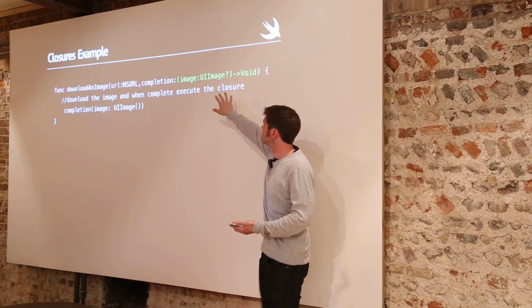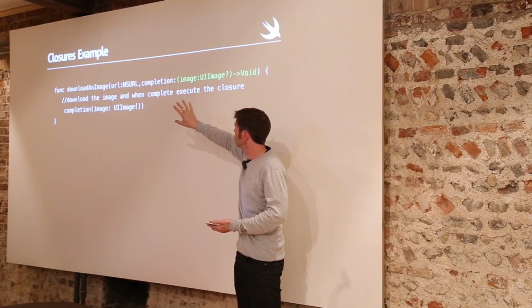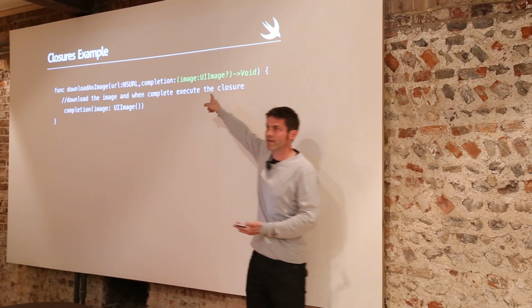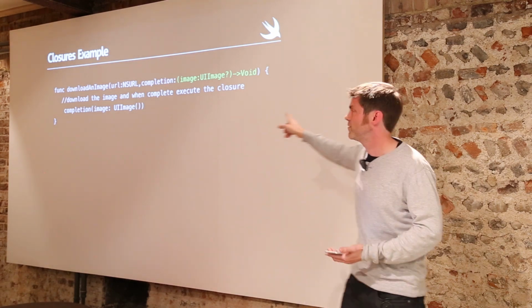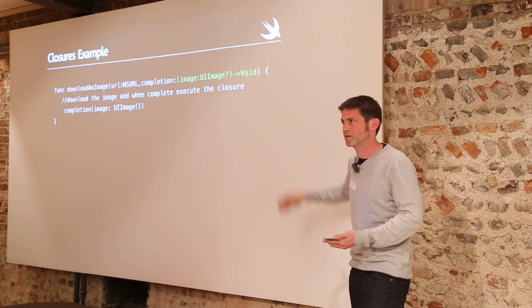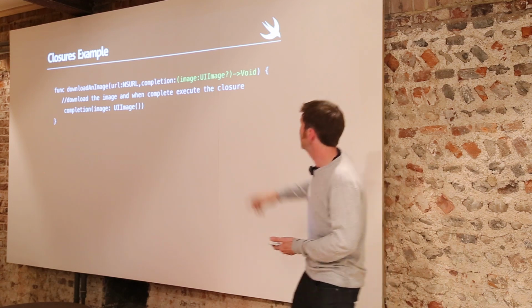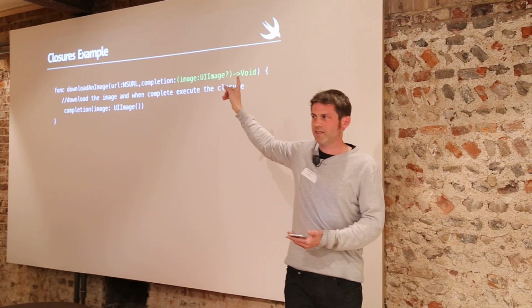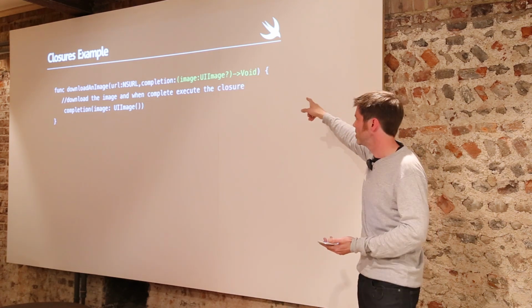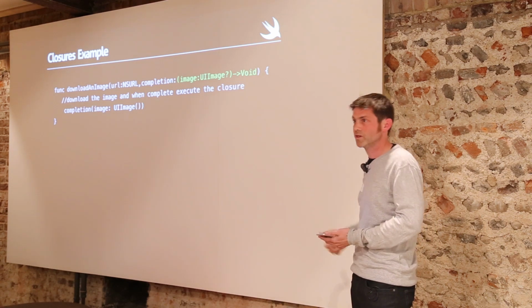The closure is basically saying call the completion and pass back an optional image. That could be nil if it had failed, and you might want an NS error in there as well. Like I said, there aren't many examples where you're going to want anything other than void on the right-hand side.